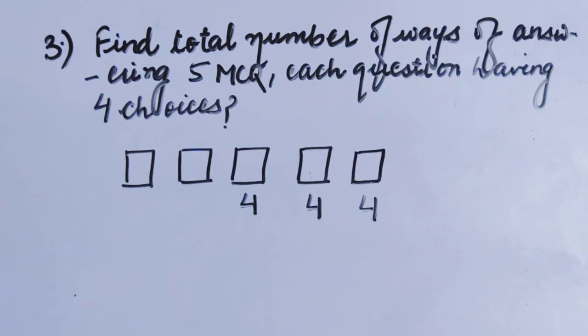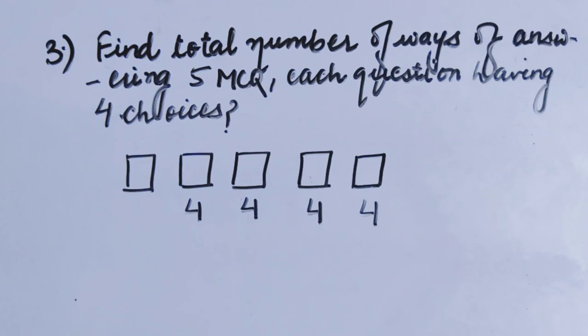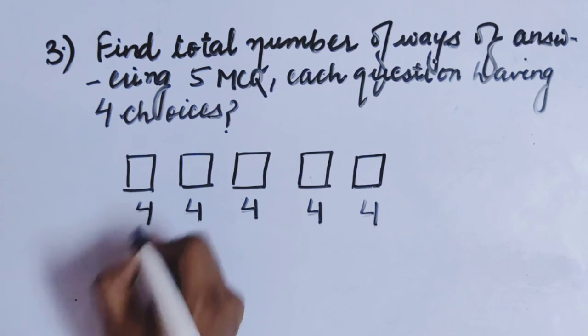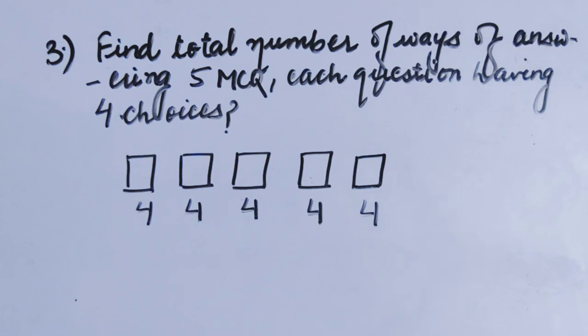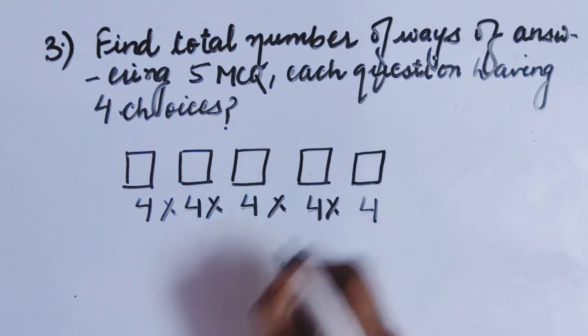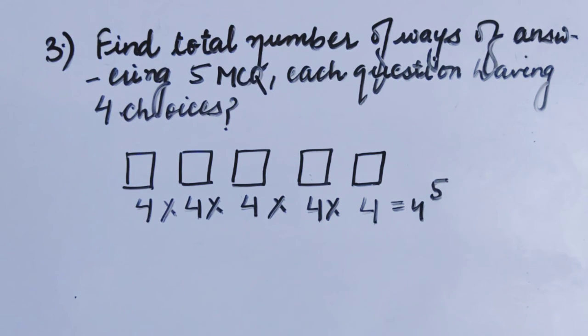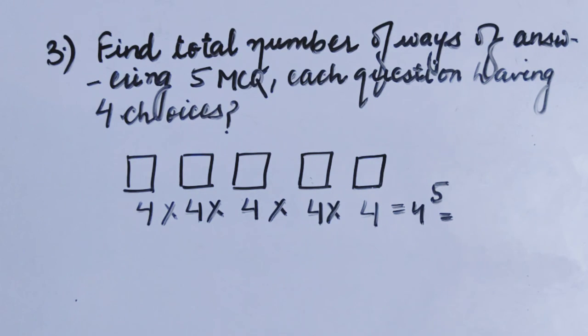Exactly the same for question number 4 and question number 5, he has 4 options. But as we have to find the total number of ways of answering 5 MCQs, by using the fundamental principle of multiplication, it will be equal to 4 raised to the power 5, which is equal to 4 into 4 into 4 into 4 into 4.